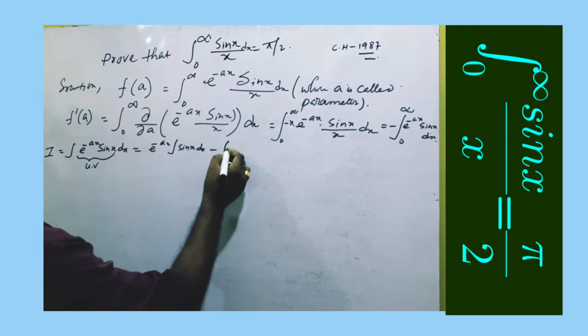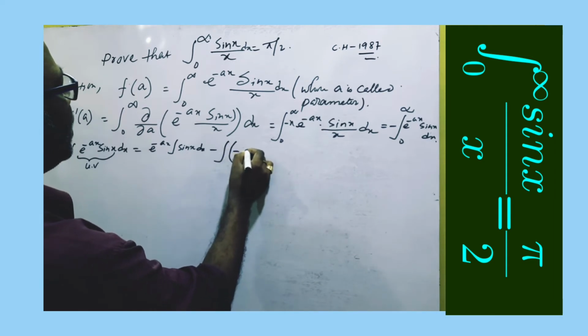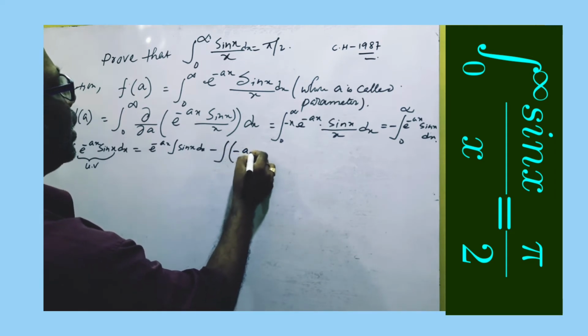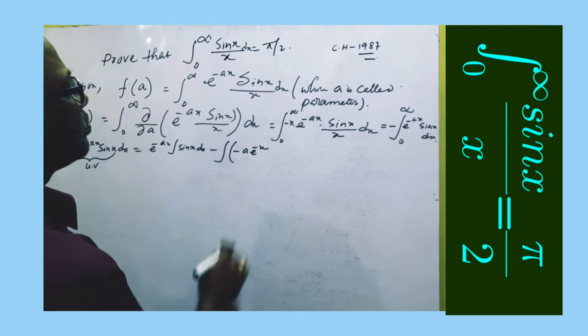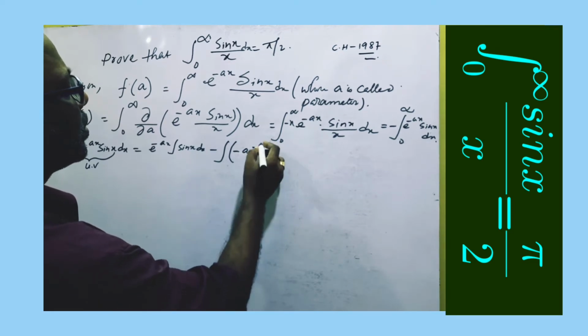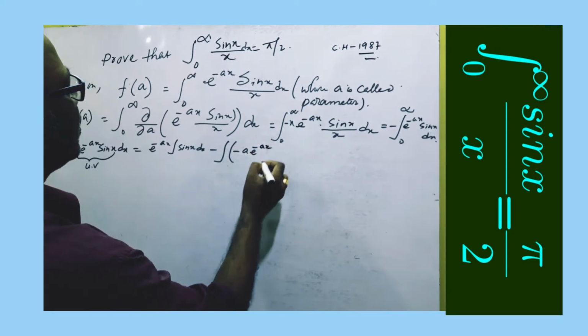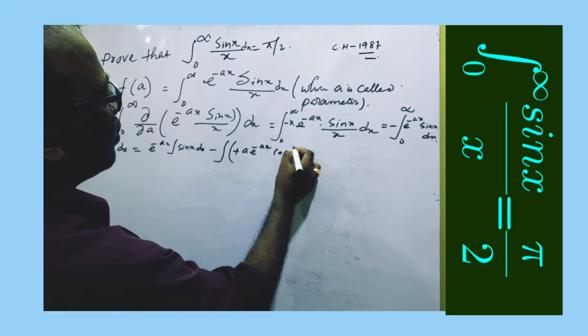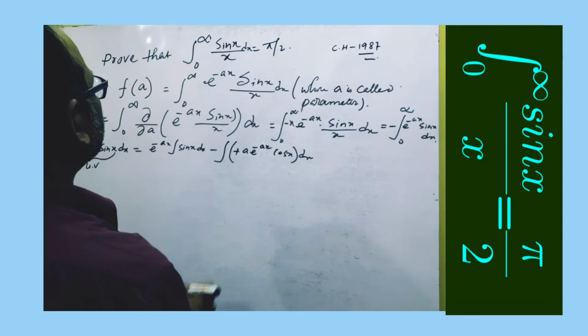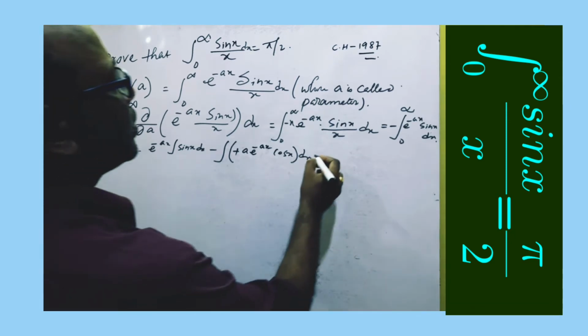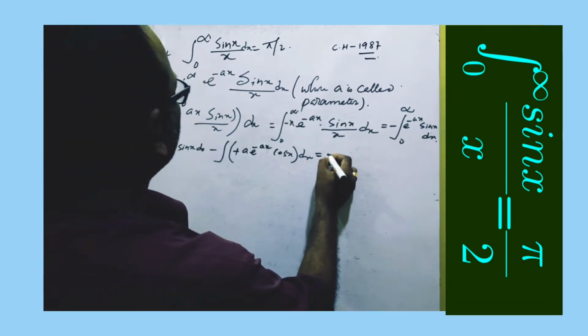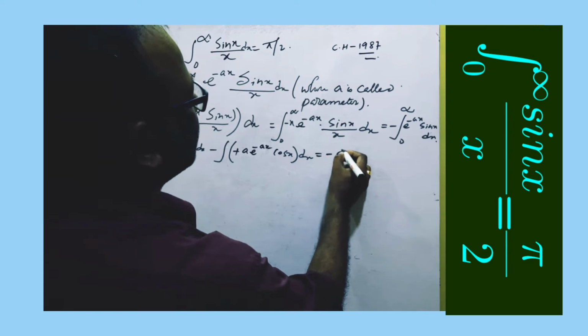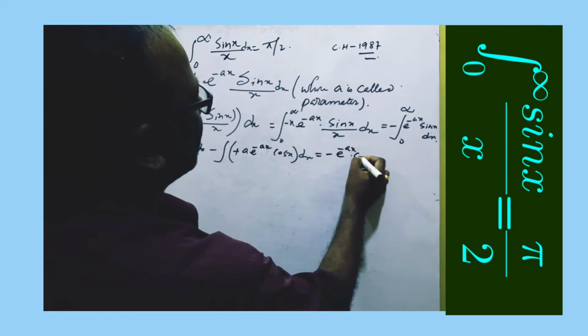So if we differentiate, then we get minus a e to the power minus ax.